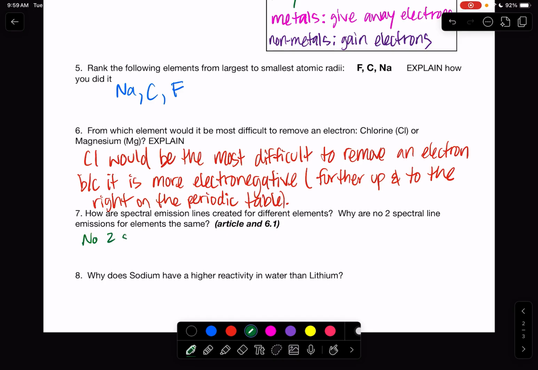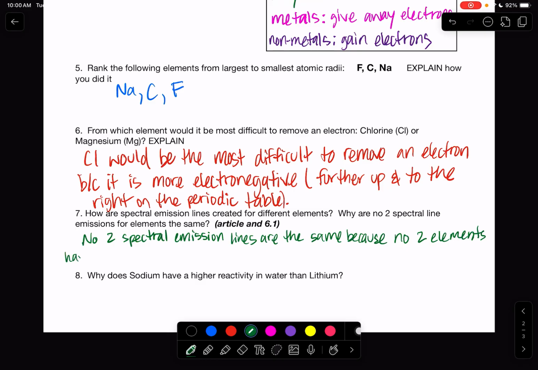No two spectral emission lines are the same because no two elements have the same number, again, this means number of electrons or number of protons.